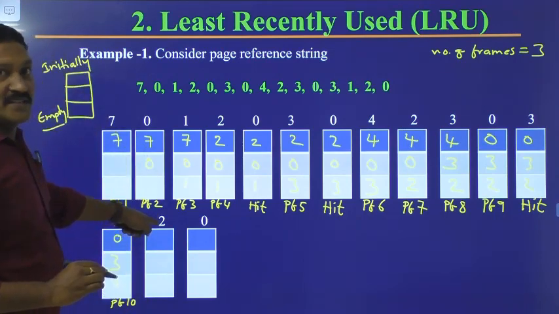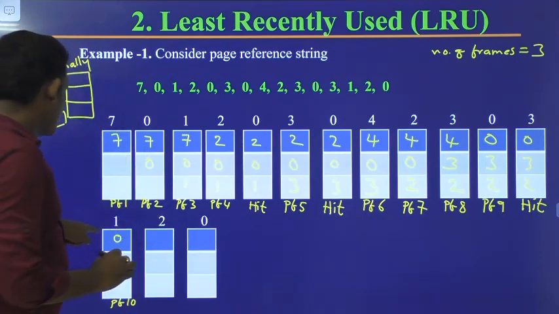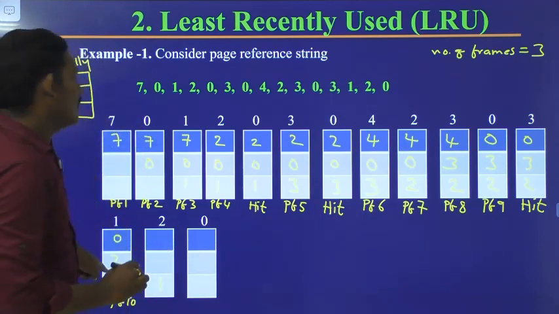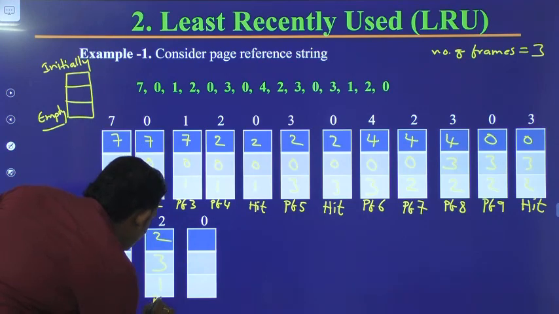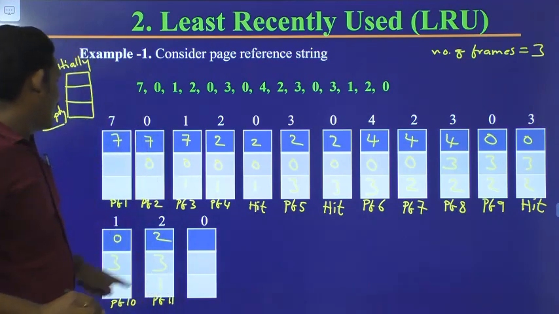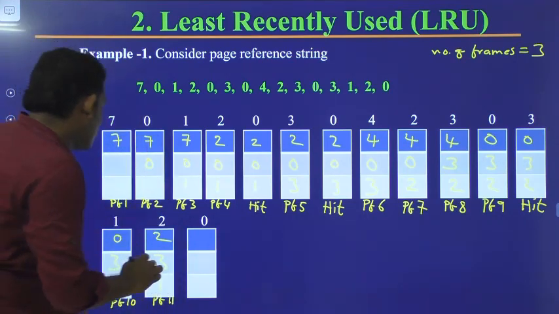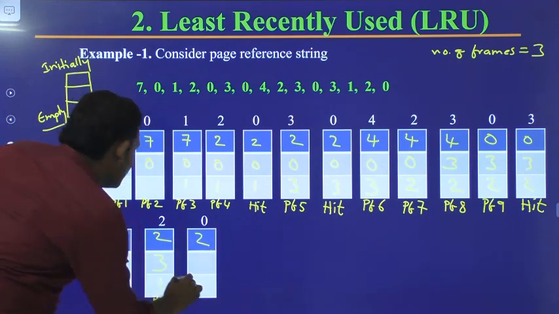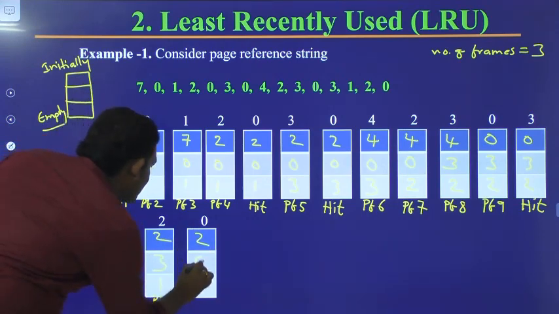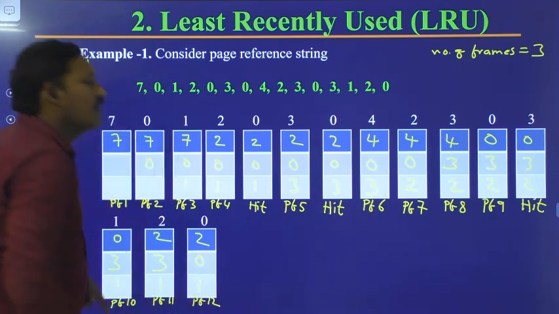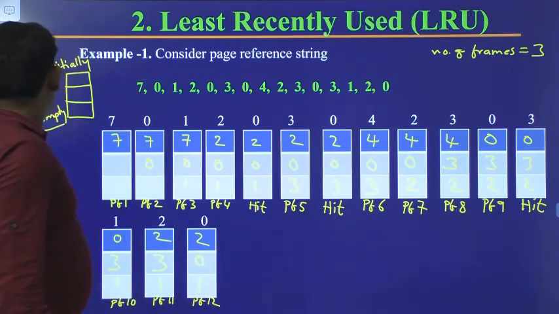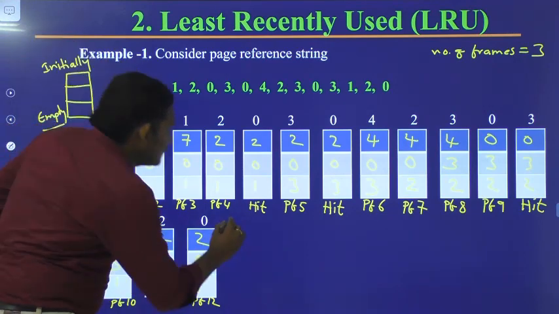Next we have to place 2. Recently used is 1. Before that we have 3. So least recently used is 2. So page fault 11. Next 0 to be inserted. Recently used is 2. Before that we have 1. In place of 3 we have to replace with 0. So page fault 12. So here also we got 12 page faults.